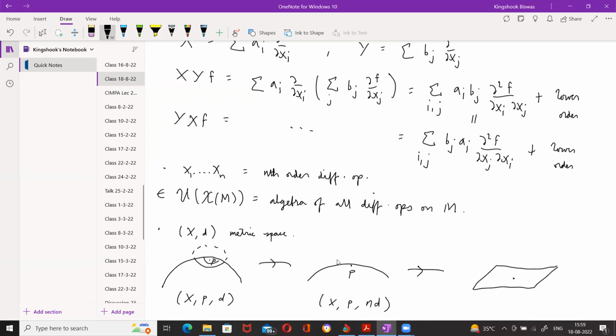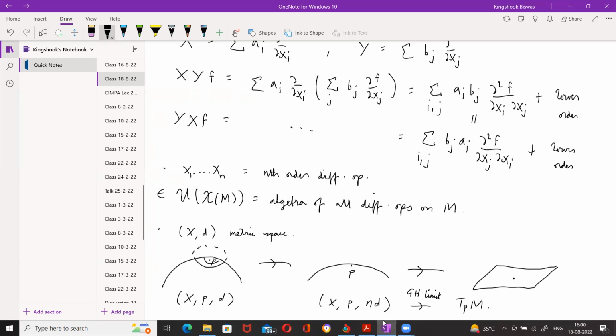So my distances near P become multiplied by n. And then the idea of Gromov is to take what's called a Gromov-Hausdorff limit of this, and this will be the tangent space.